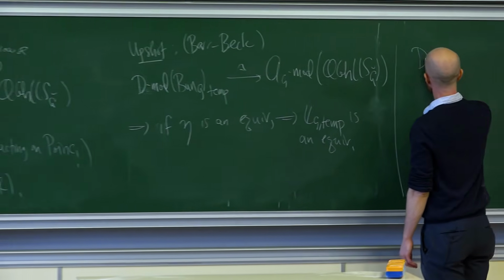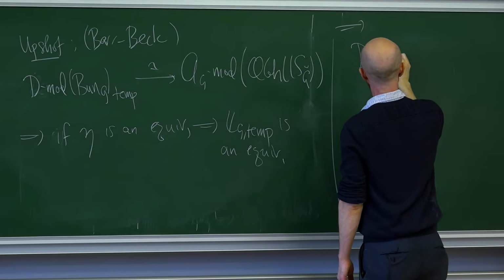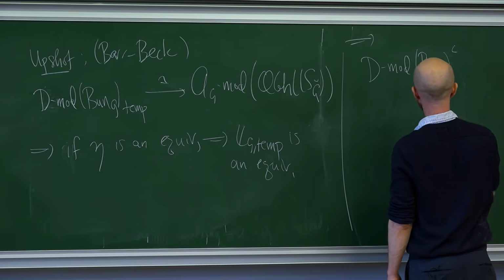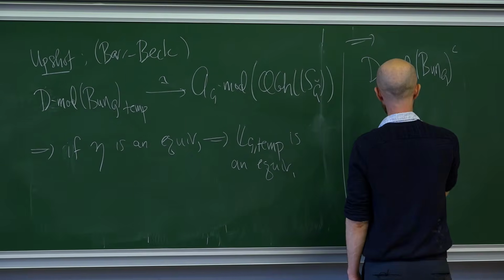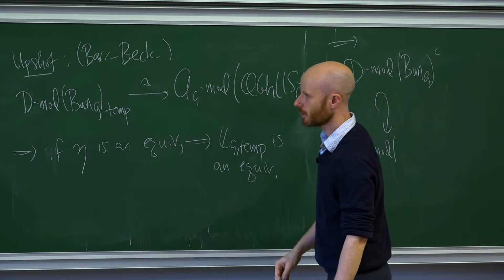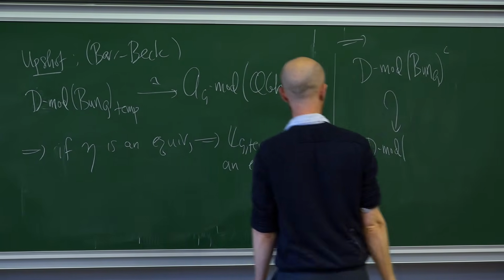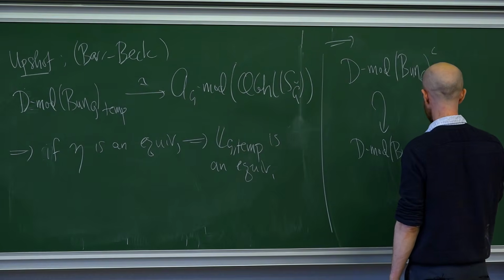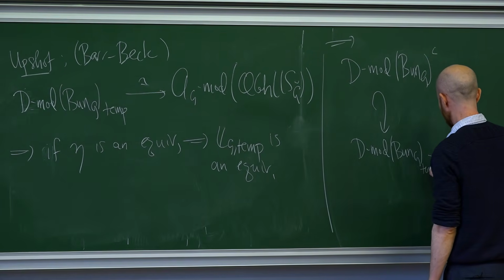And so then you get the following picture. So you take this D modules on Bun G, which is compact. This now embeds into this category of D modules on Bun G, tempered.